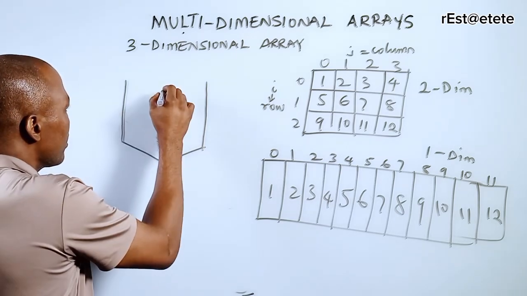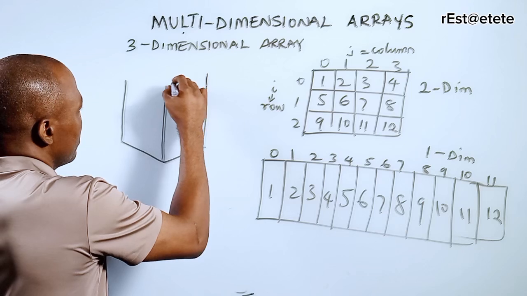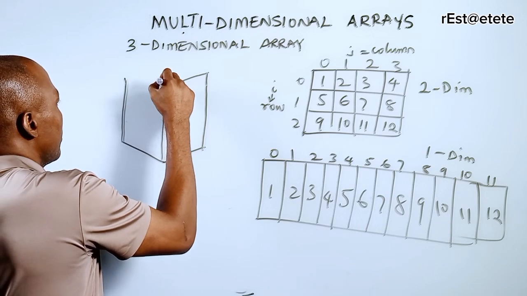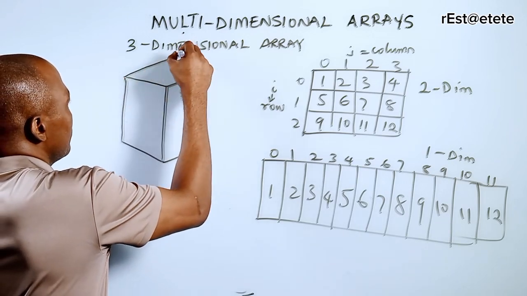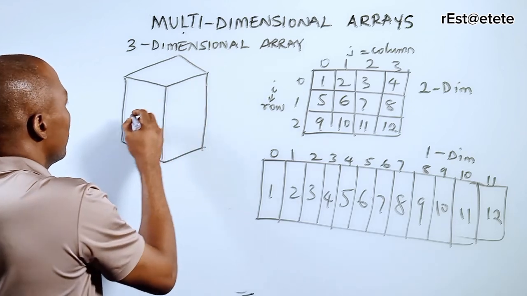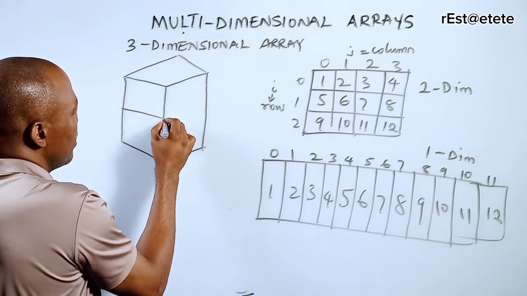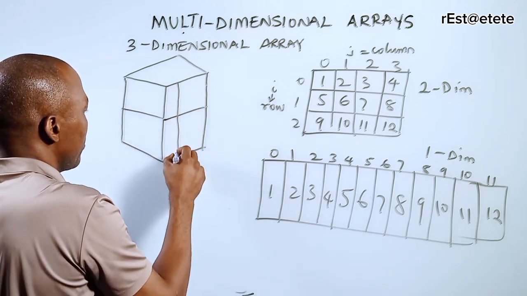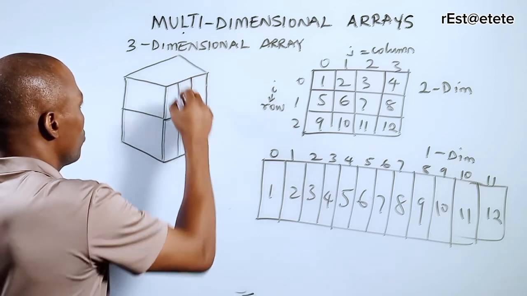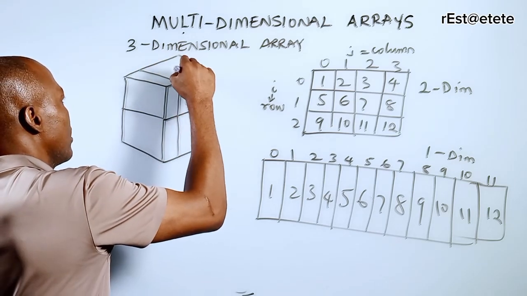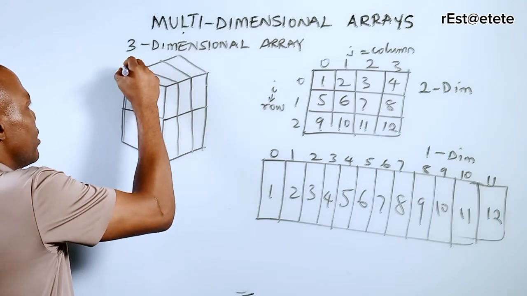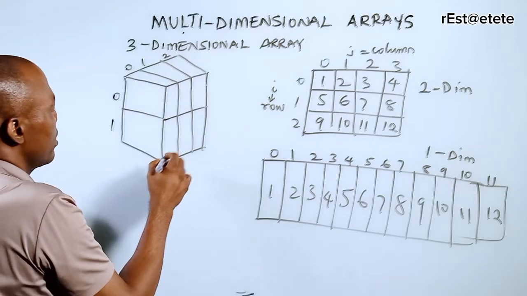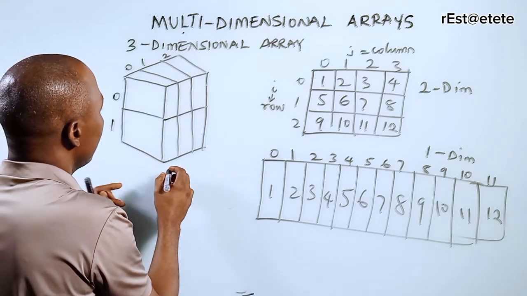Then you have this, and then this, and then this. So I can now have 0, 1, 2, and 0, 1.